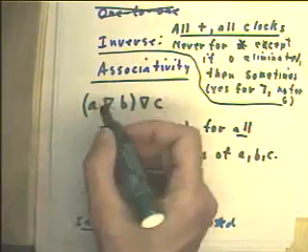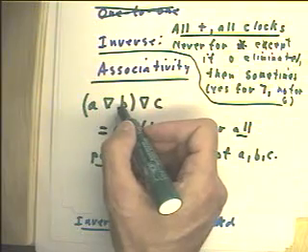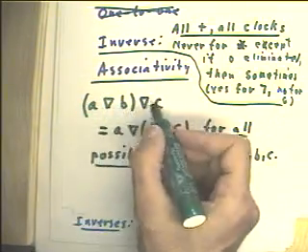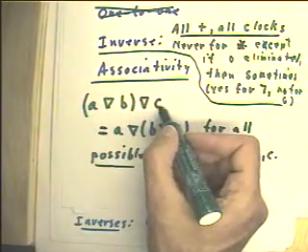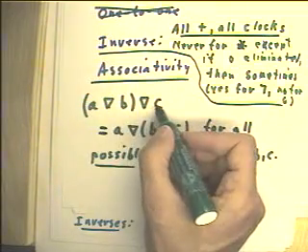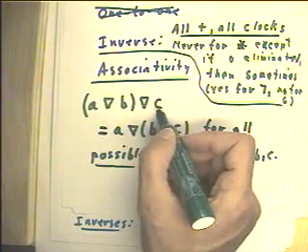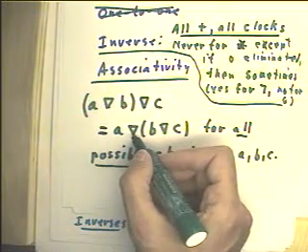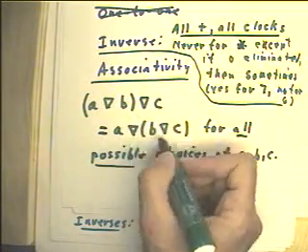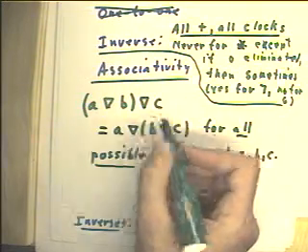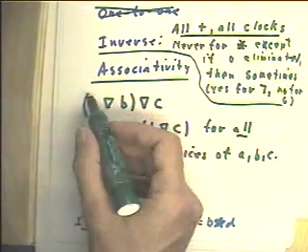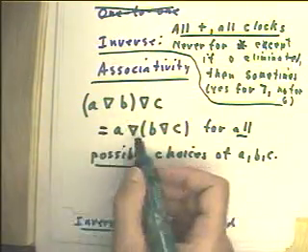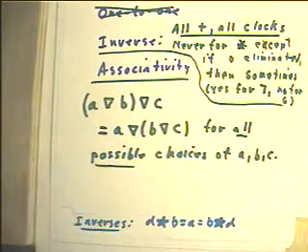Now that means that if you put A and B together first and then operate that with C, put that together with C according to the rules of the operation, you get the same thing as you do if you put A together with the result of putting B and C together. It says that the order or the grouping of the calculation doesn't make any difference.